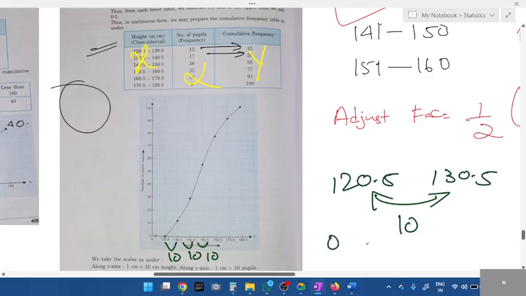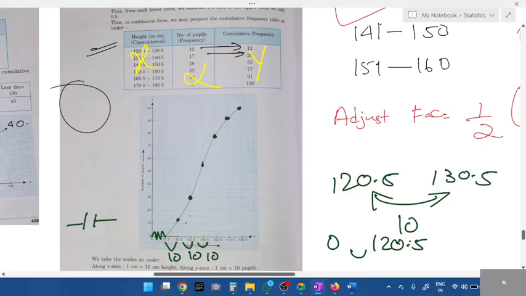What is the difference from 0 to 120.5? It is 120.5, right? The reason they have drawn two lines like this: you can draw like this or just draw a zigzag line. Is it clear, all of you? Then take the upper limit 130.5, 12. Look at the marking.